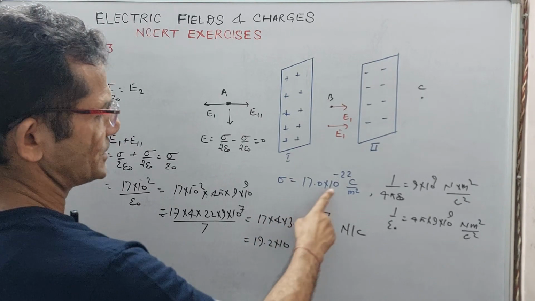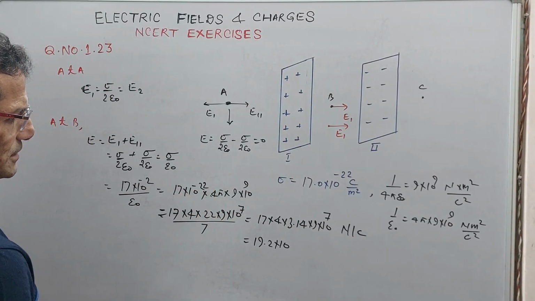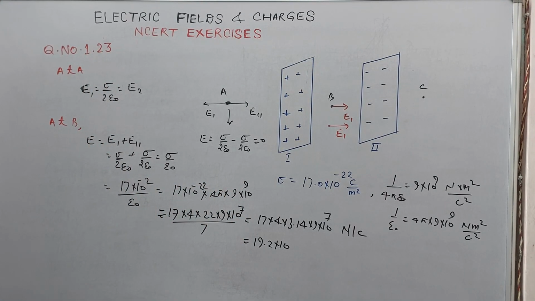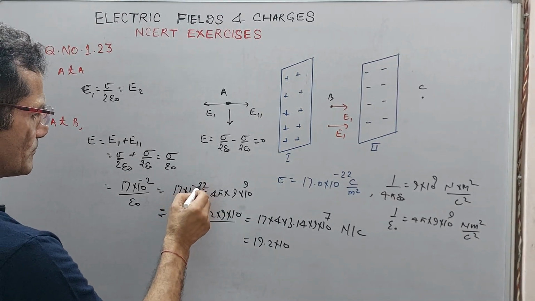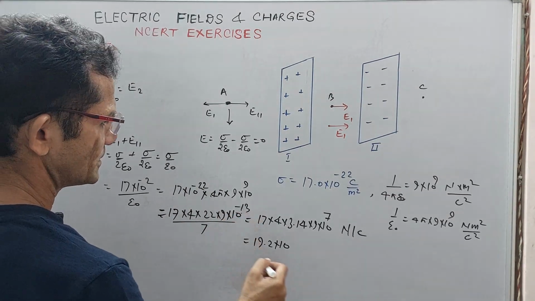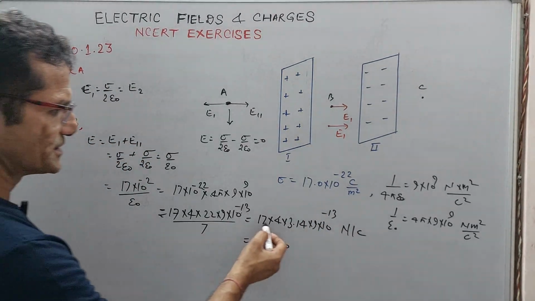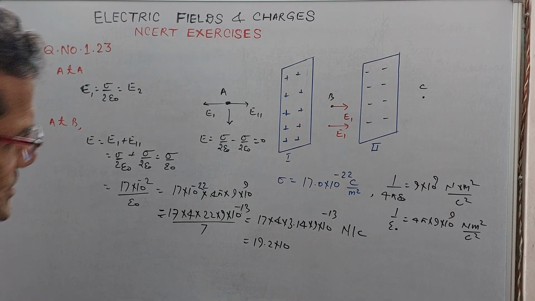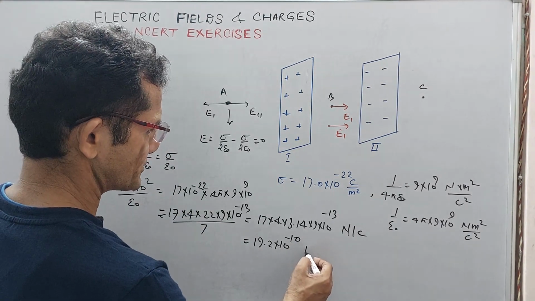Sigma is 17 into 10 to the power minus 22, and minus 22 plus 9 will be minus 13. So after multiplication, the value is 19.2 into 10 raised to the power minus 10, and the unit of electric field is Newton per coulomb.